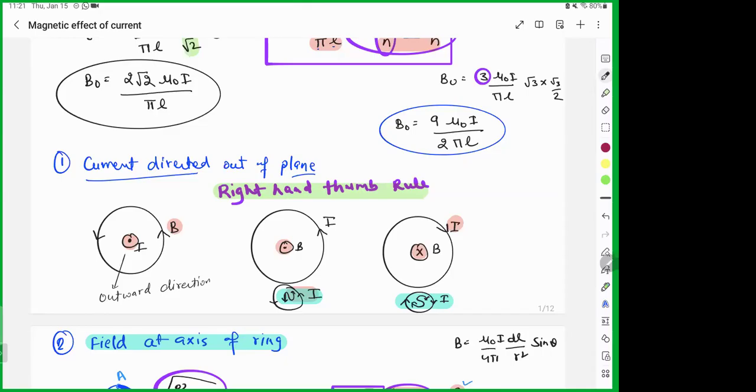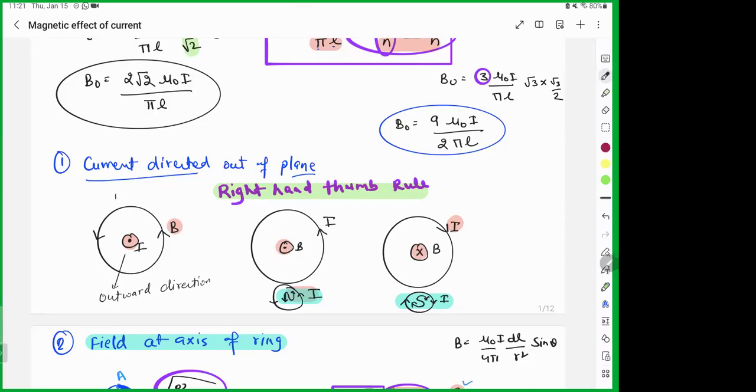So thumb toward you, toward your eyes, and then your fingers show your magnetic field. So what is the direction of magnetic field? Clockwise or anti-clockwise, Jordan? Use your hand. See, your right hand thumb is coming toward you, and your fingers are going around, then it will be rotating anti-clockwise.